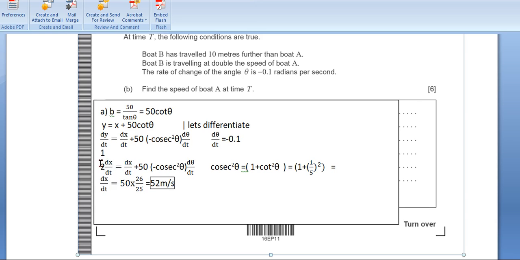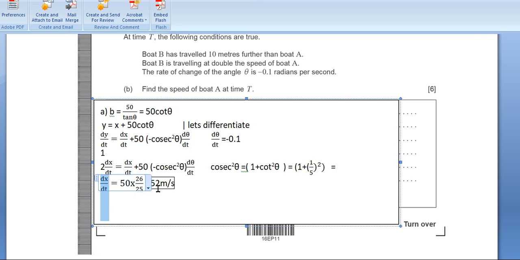Then we recall that the velocity of boat B is 2 times more, so we put here 2 dx by dt. After substituting all known values, we find that the velocity at time t of boat A is 52 meters per second.